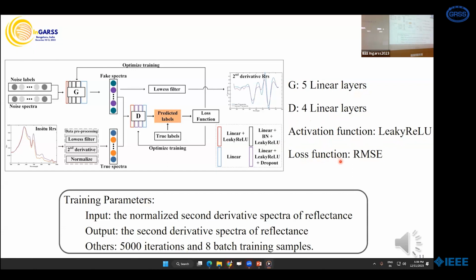For the loss function, we select the RMSE. In training, our input was the normalized spectrum. Our output was the second derivative spectrum. The model training parameters also include 5,000 iterations, and the batch size is 8.